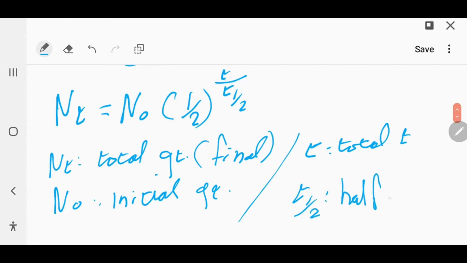This is the equation or the formula that we can use to make our calculations.